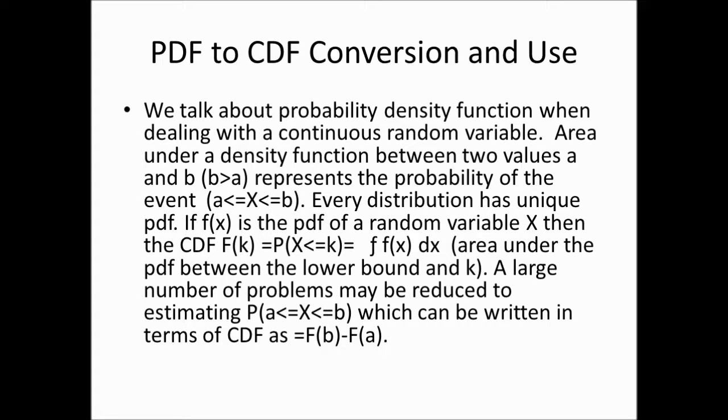A large number of problems may be reduced to estimating the probability the random variable takes value between a and b, which can be written in terms of the CDF as F(b) minus F(a). This is the most important use of CDF you'll find as you solve different problems.